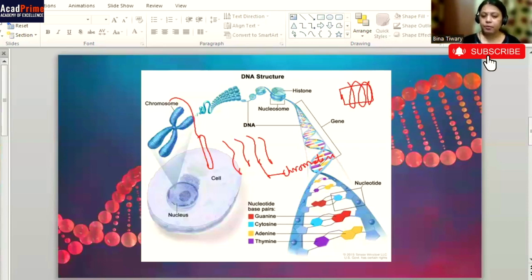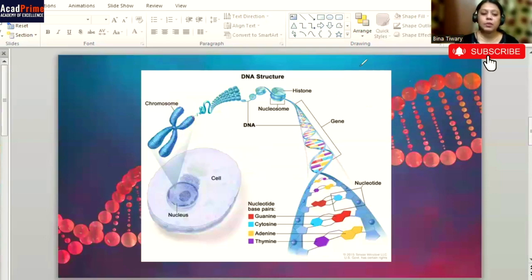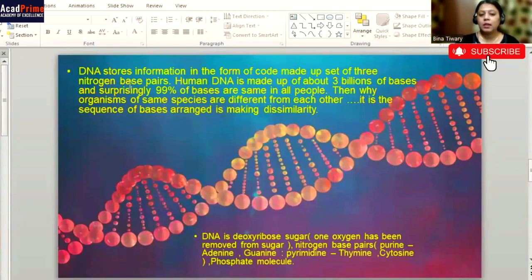So if we talk in terms of human beings, around 99% of our base pairs, as you can see in this slide, are similar in all human beings, right? Here 99% are the same in all people, and in a human there are around 3 billion base pairs. So that means these purines and pyrimidines, adenine and guanine and thymine and cytosine, make a certain type of arrangement.